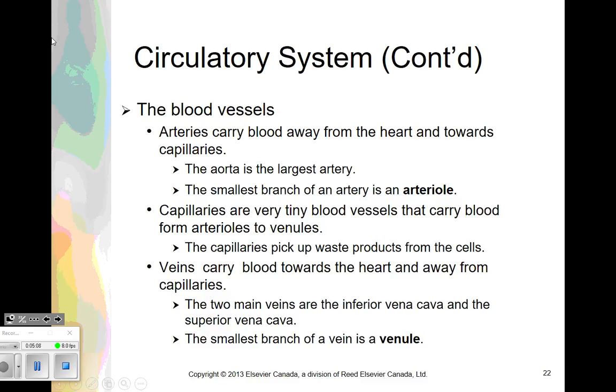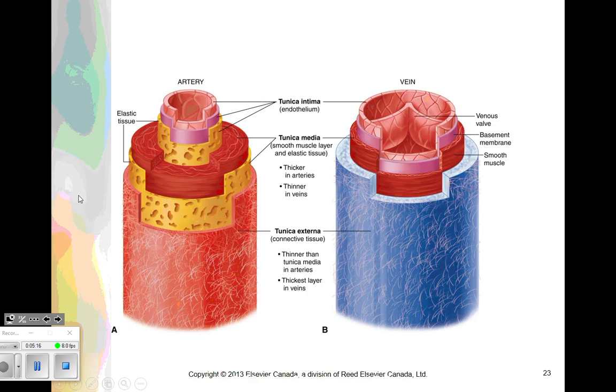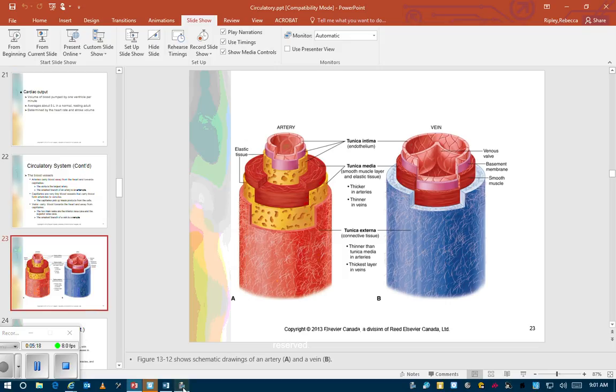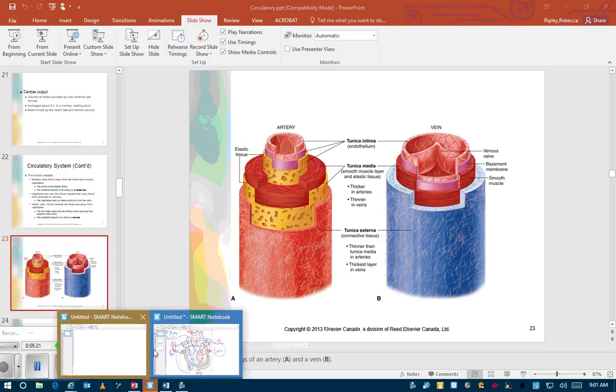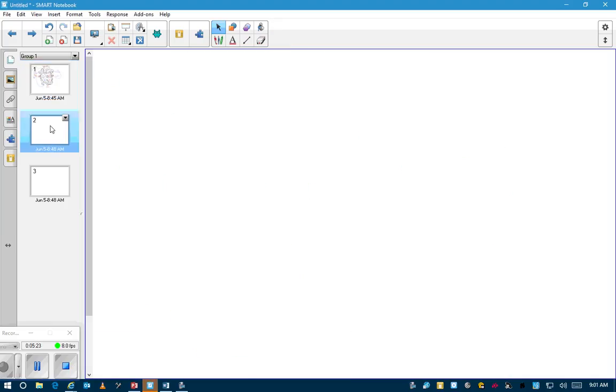So blood vessels. Let's draw a picture, and then we'll come back here. We'll make it look more simple.